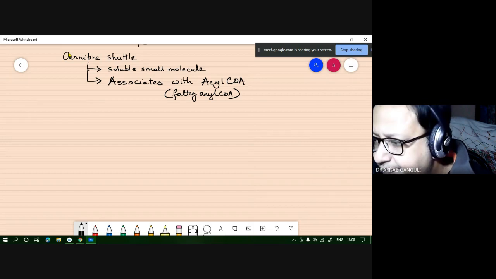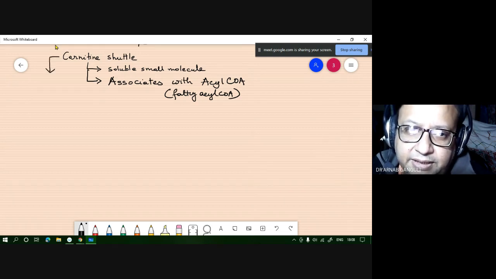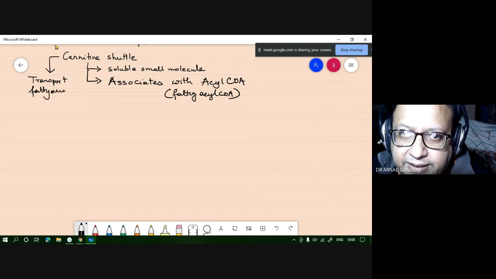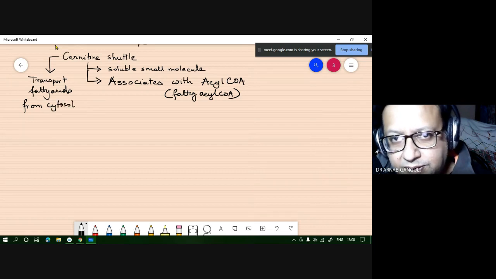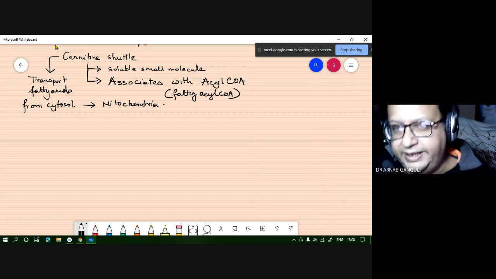So the function is essentially to transport the fatty acids from cytosol to the mitochondria. This is the function.